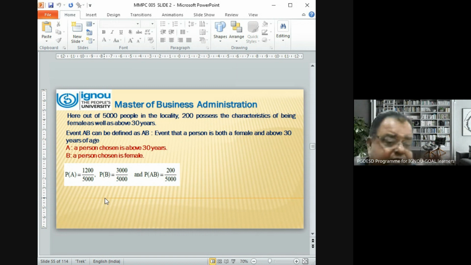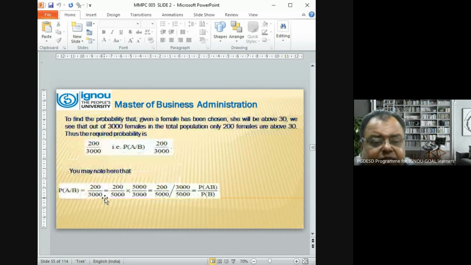So what we will do? We have to calculate P(AB). This is given to you: P(AB) is 200 by 5,000. To find the probability that, given a female has been chosen, she will be above 30, we see that out of 3,000 females in the total population, only 200 are above 30.